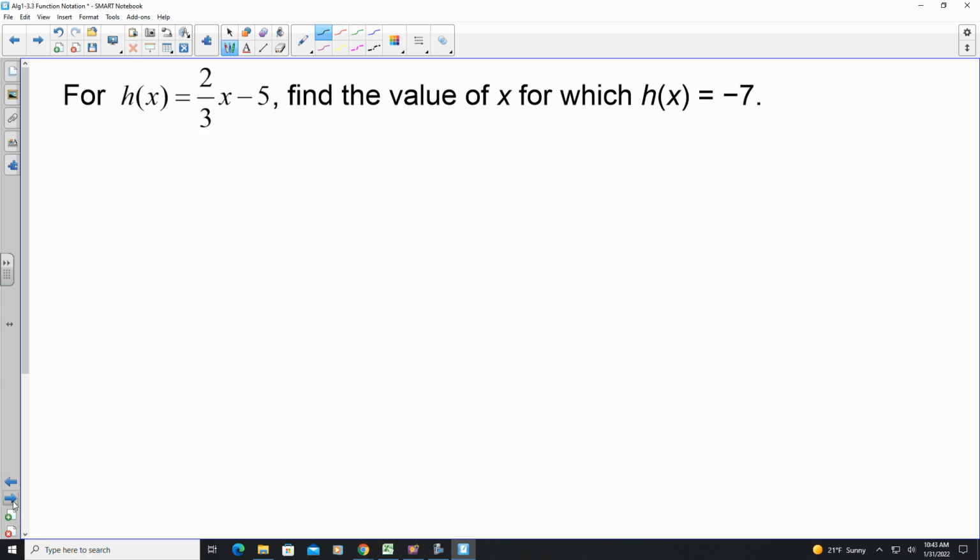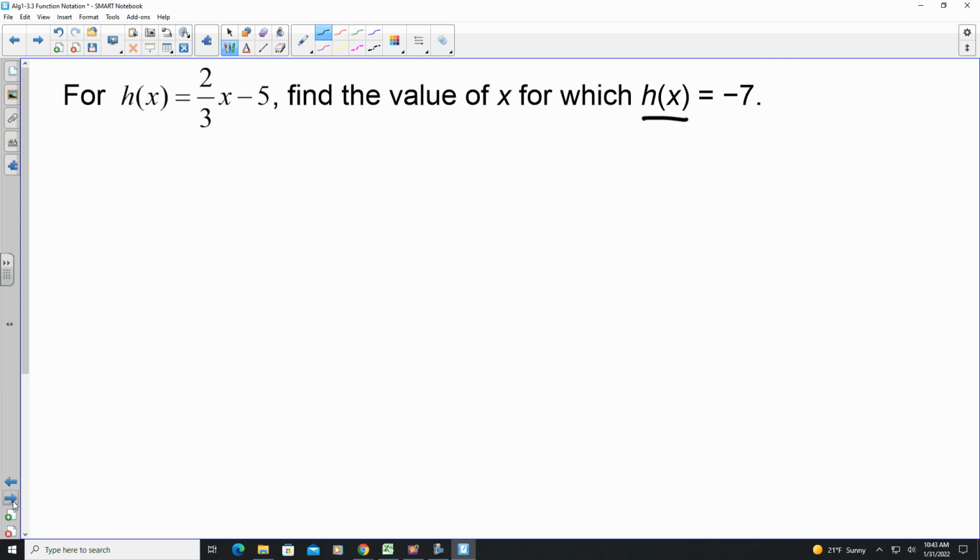So again, they're giving you another function. In this case, h of x is equal to 2/3 x minus 5. They want you to find the value of x when h of x is equal to -7.